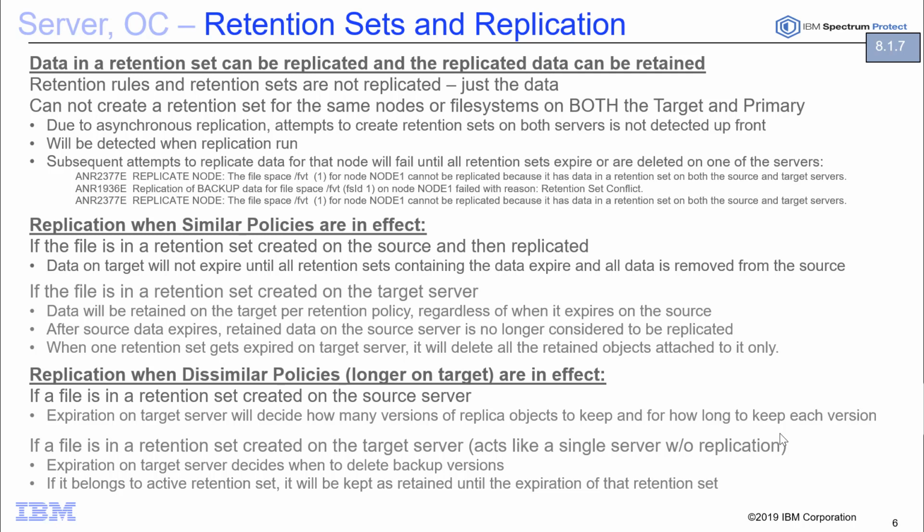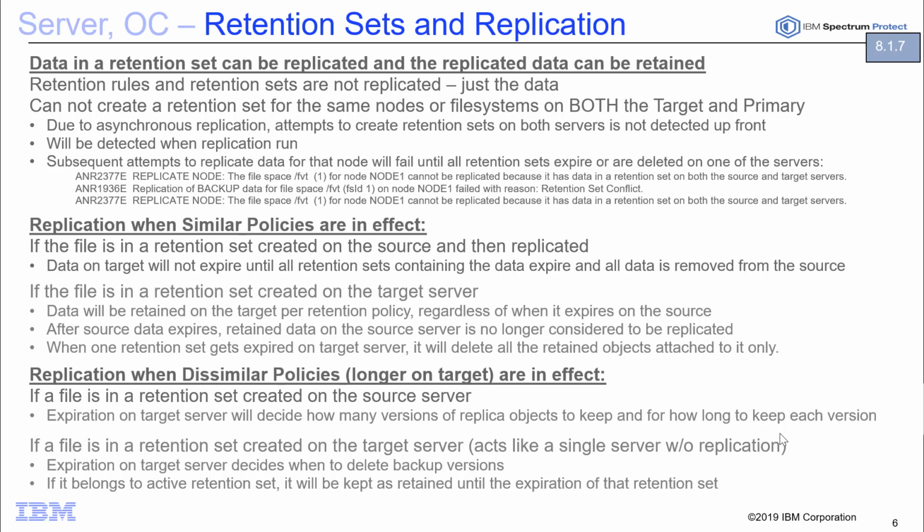When you create a retention set, you can either create it on the target or on the primary server, but not on both. We run the replication asynchronously, usually after the backups are done. After replication sets have been created, we'll let you create a retention set, but when we try to run replication and notice that you already have the same thing on the other server, that's when we'll throw an error.